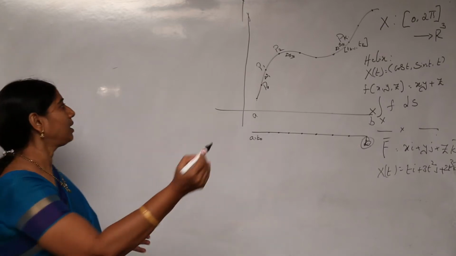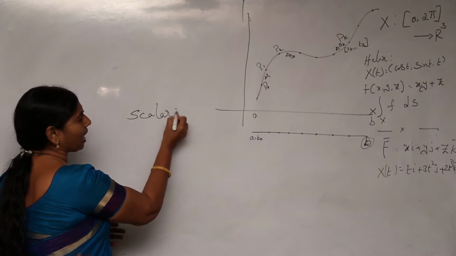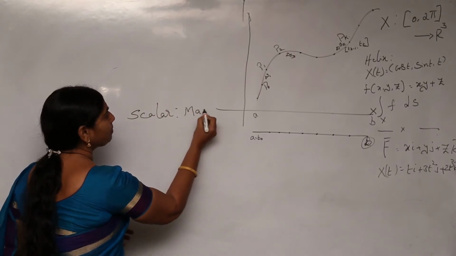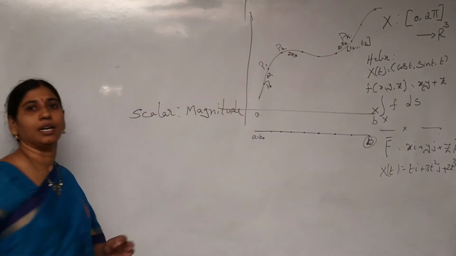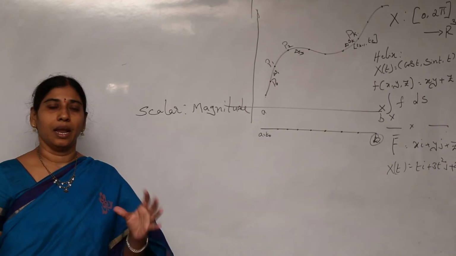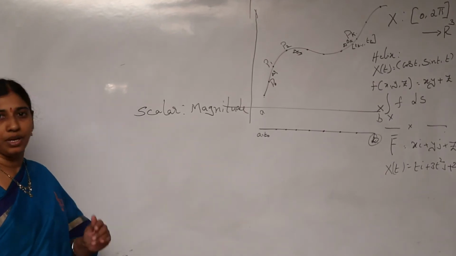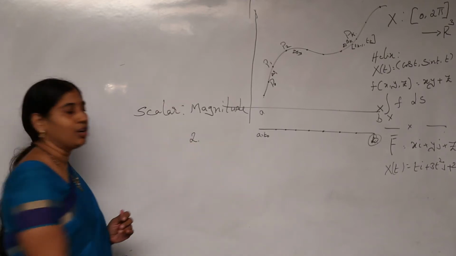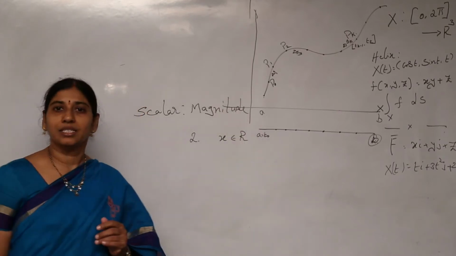First let's see what we mean by a scalar quantity. A scalar is a quantity which has only magnitude, or in specific terms, a scalar is represented by a number. It can be expressed as a number. For example, 2 is a scalar quantity, or x, when x belongs to the real numbers, is a scalar quantity.